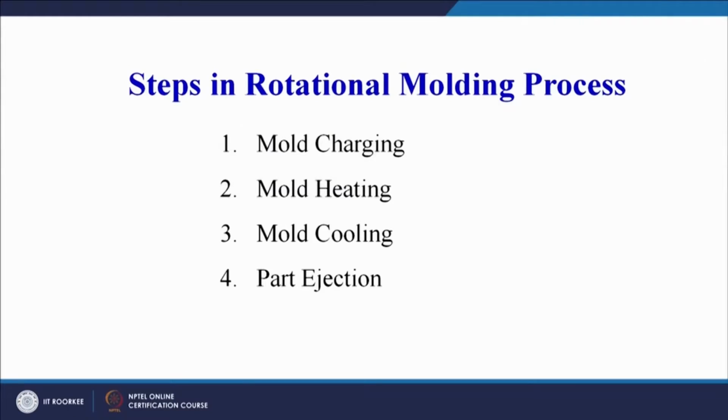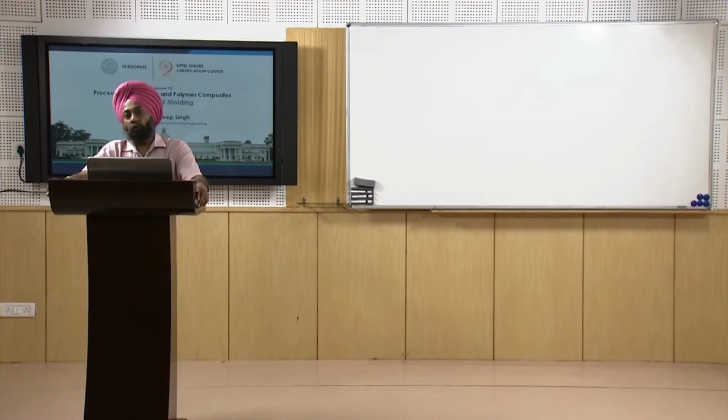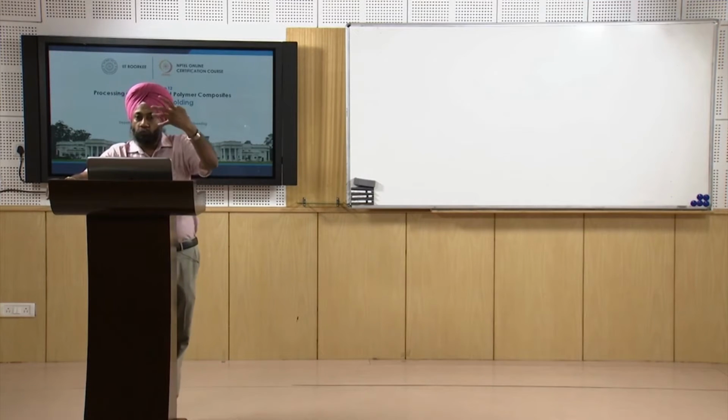Rotation will continue, and once the cooling has taken place and the product has become sufficiently rigid, we will open the split mold and the part ejection will be carried out. We will take out the part from the mold. So basically 4 important steps are there: mold charging, mold heating, mold cooling, and part ejection.